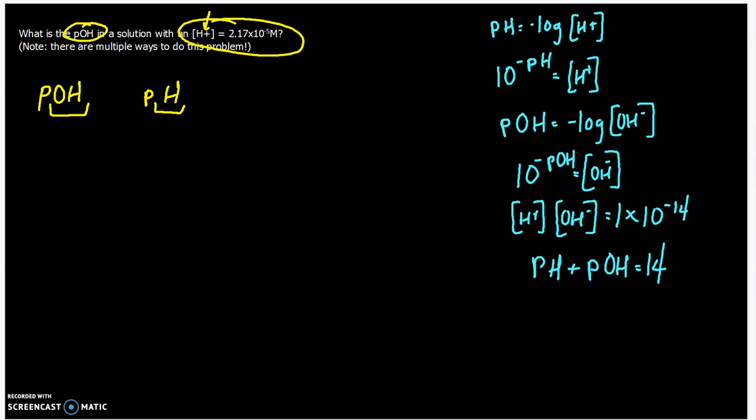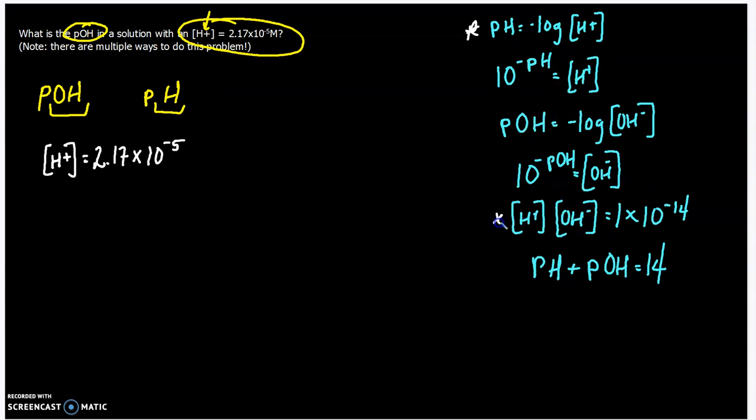Okay, so I know H plus, and it equals 2.17 times 10 to the negative 5. And I want pOH, but let's start here first. Well, we got a couple formulas that talk about H plus. This one we can plug in H plus to. This one we cannot plug H plus into because this would be challenging math, and it's not something we need to be concerned about.